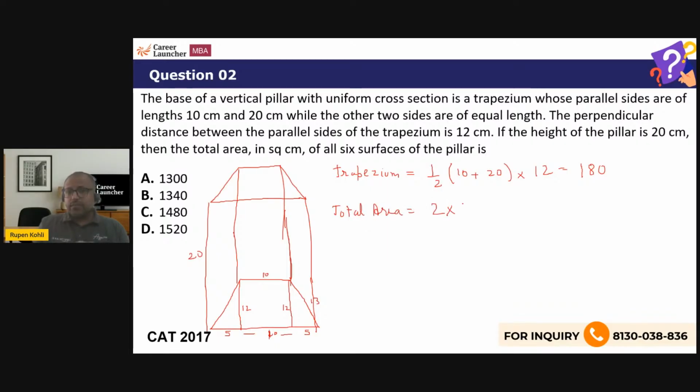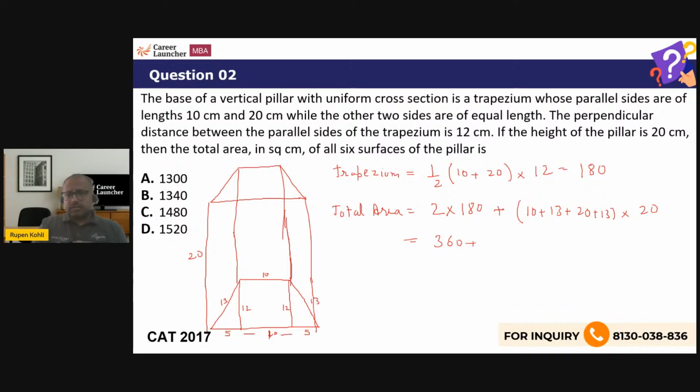So twice the area of each trapezium, the base and the top identical surfaces, plus, can you understand, there are four rectangular surfaces, right? Edge length into height is common. Edge length plus edge length plus edge length is basically the whole perimeter. So whole perimeter of the base trapezium, which is 10 plus 13 plus 20 plus 13, into the vertical height of the pillar, which is 20. So that should be the total area.